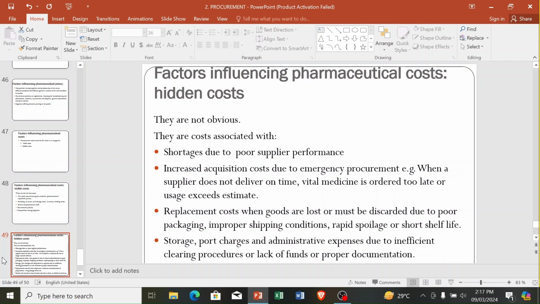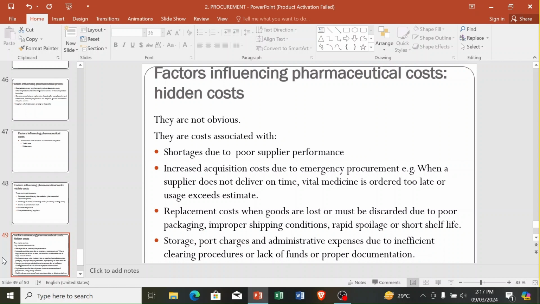So these are not obvious. There are costs associated with the shortage due to poor supplier performance. Sometimes we get surprised that we have run out of stock of our medicines.